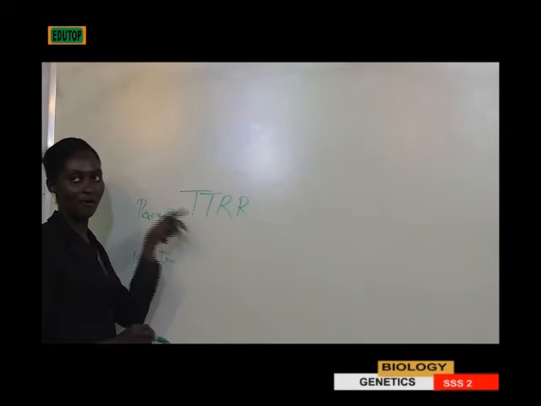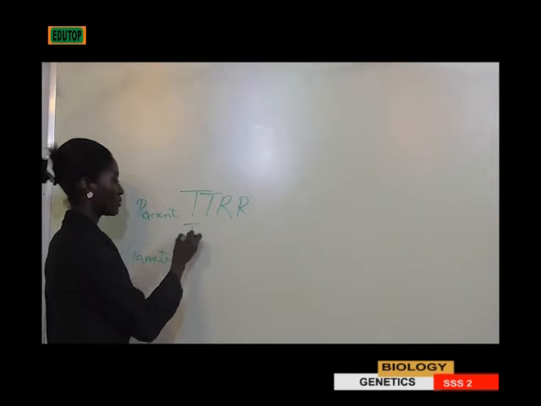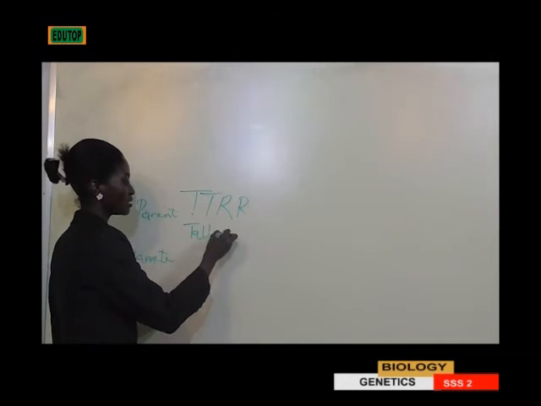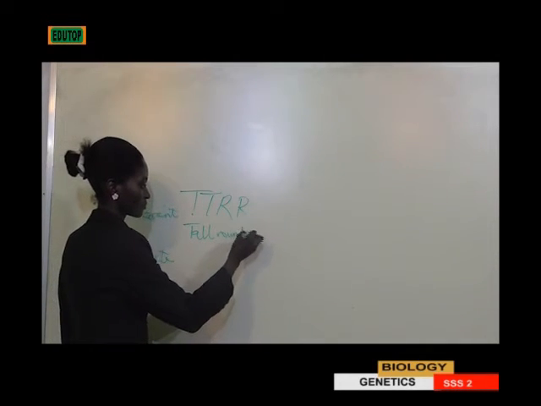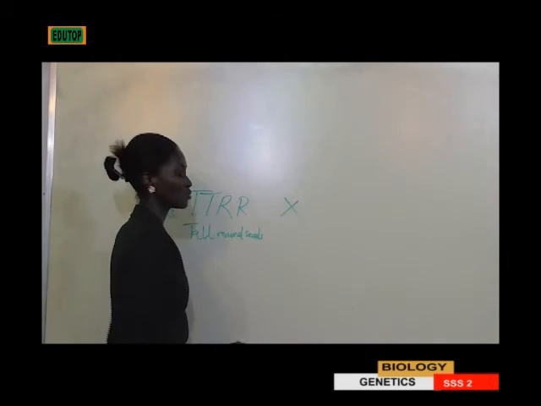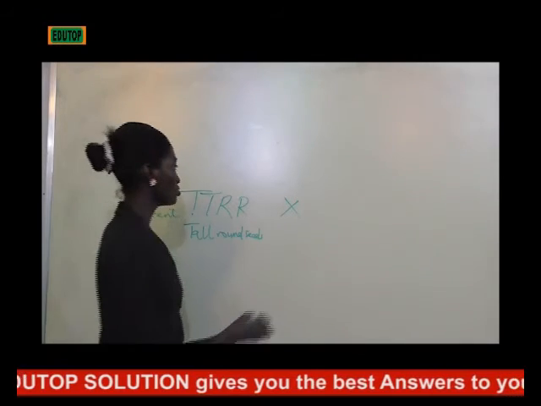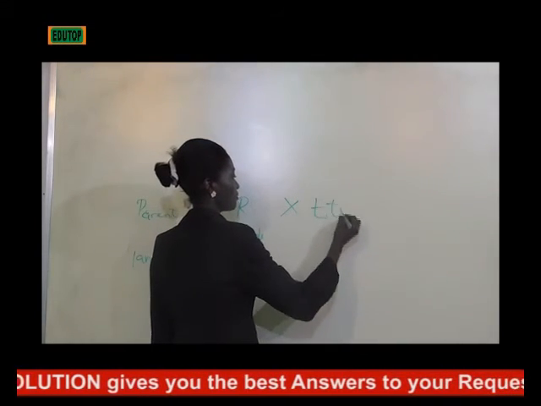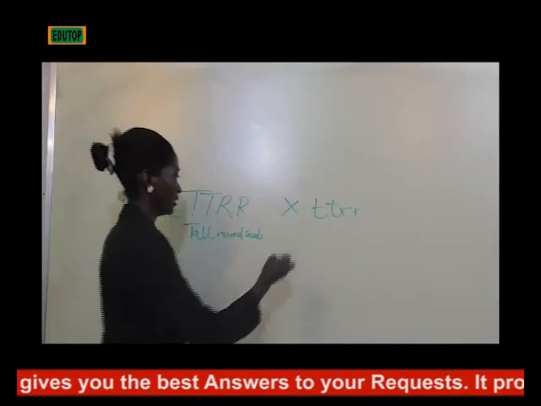So this is TTRR, capital. It is representing tall, round seeds. They are tall and they are round. We now want to cross it with a dwarf wrinkled seed. So just like this.